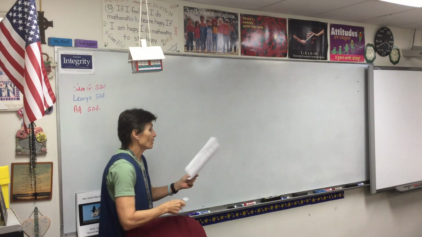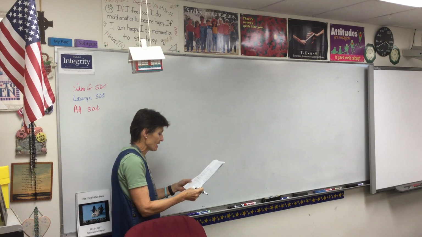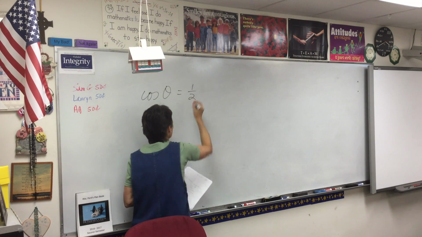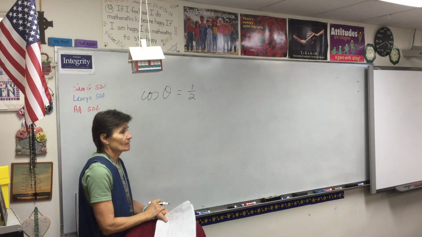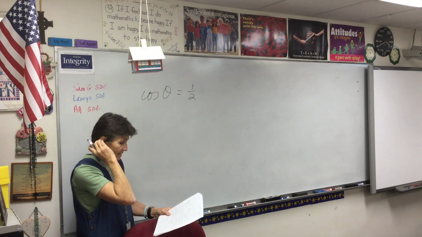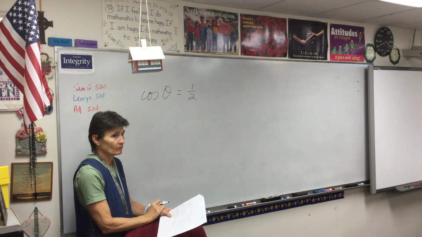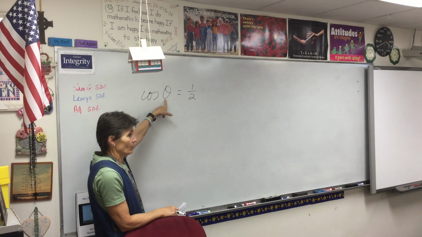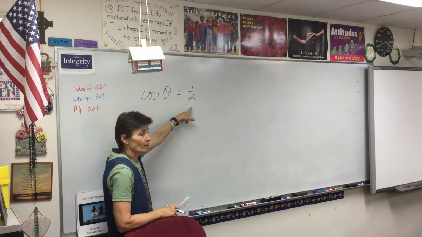All right, so here we are. We're on page 33, number 5. This is backwards. Oh my golly. They are asking me, without a calculator, to figure out what angle has a cosine of 1/2.